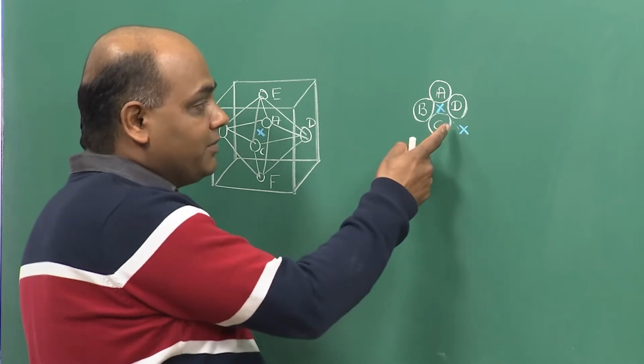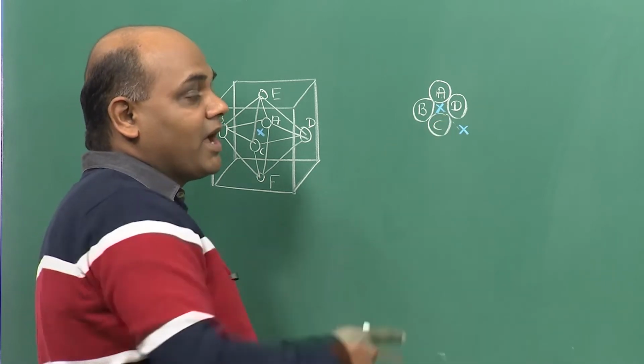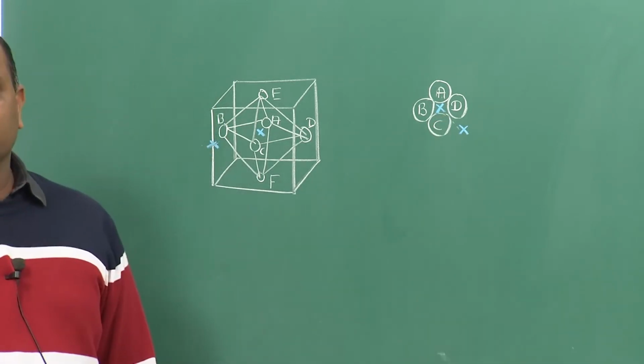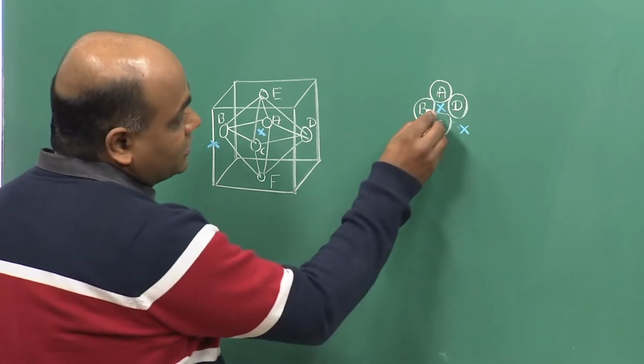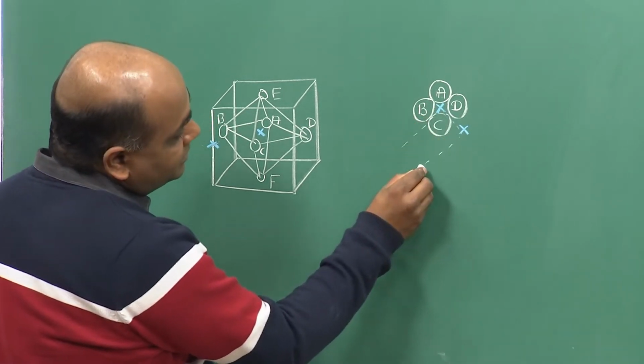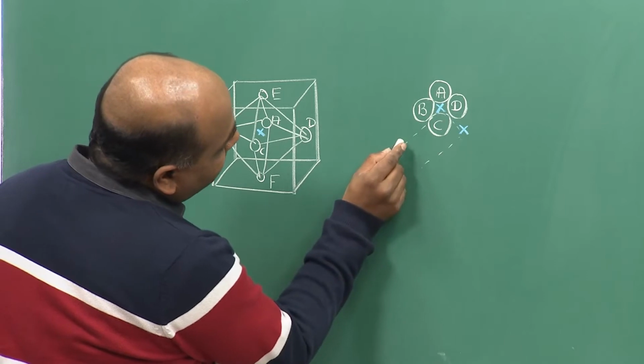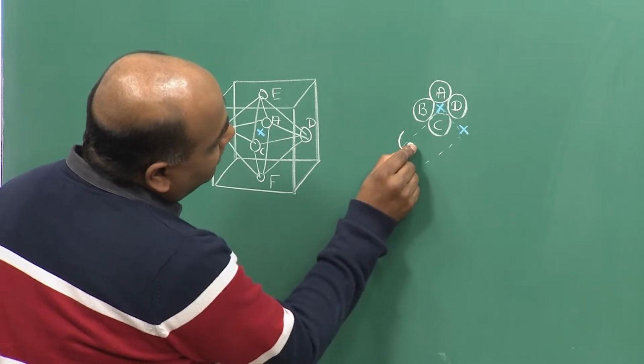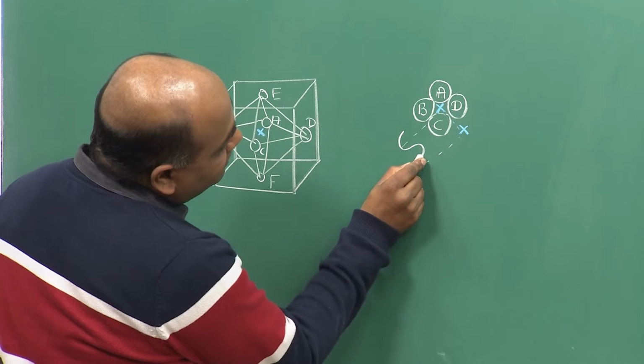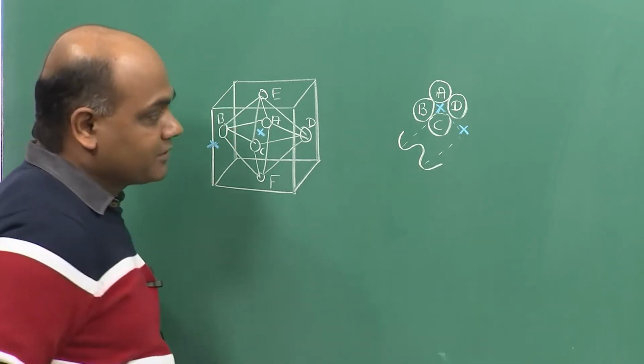In between there will be a state which is characterized by a maximum in the energy. Since these two are the equilibrium positions, there will be a minimum, and there will be a maximum somewhere in between.